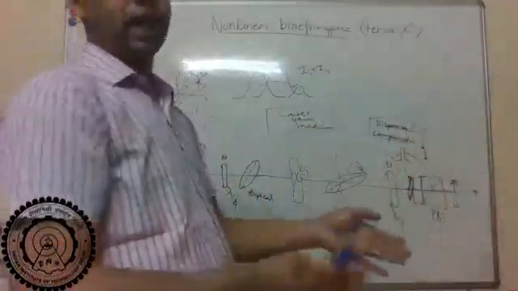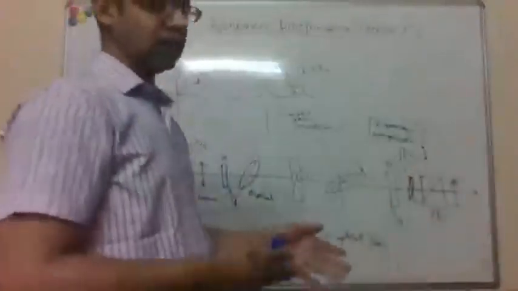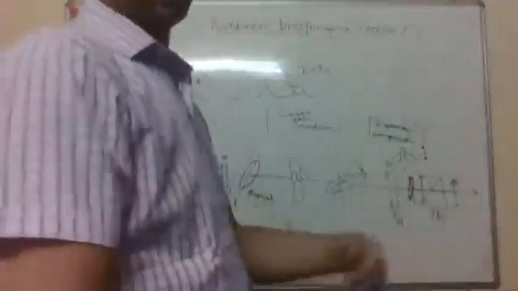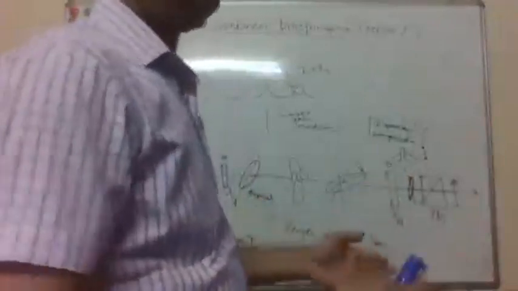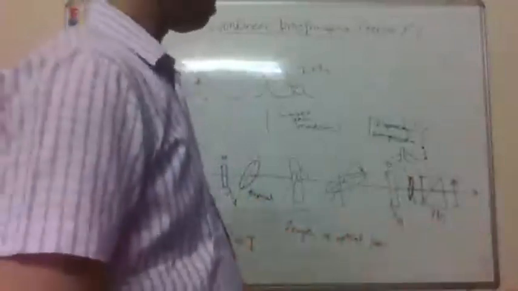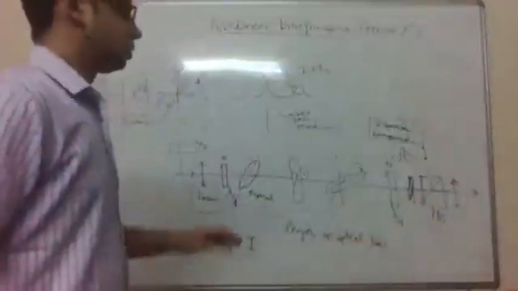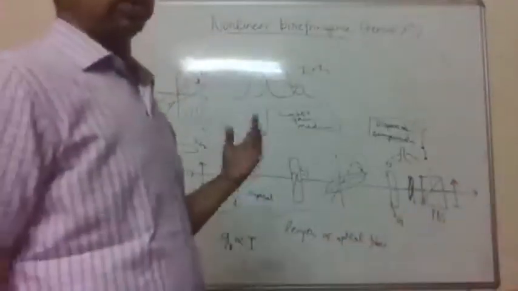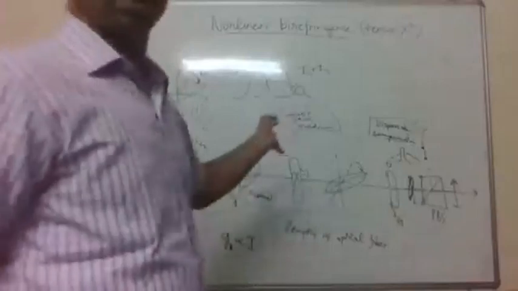The second harmonic again goes as I square. So again, the signal will be maximum when the pulses are overlapped, and the signal will go down as you move the delay. So you have autocorrelators based on second harmonic generation or two-photon absorption.